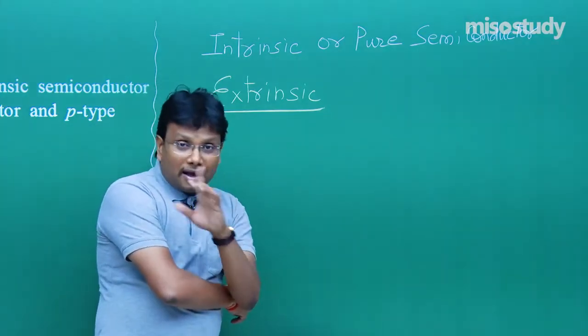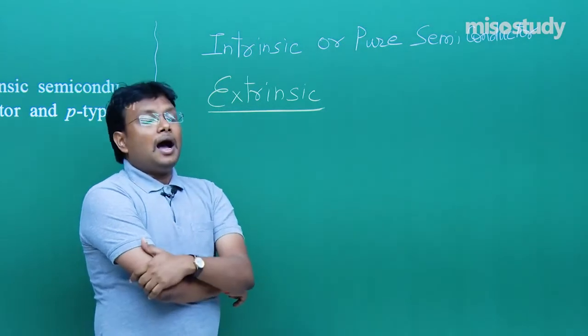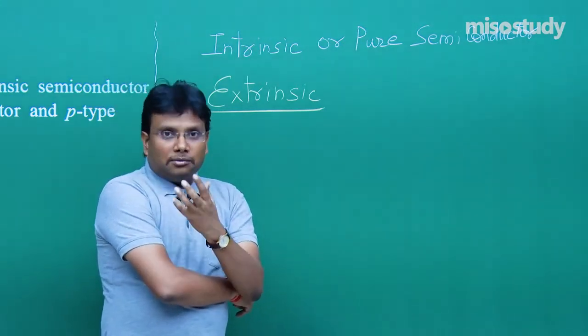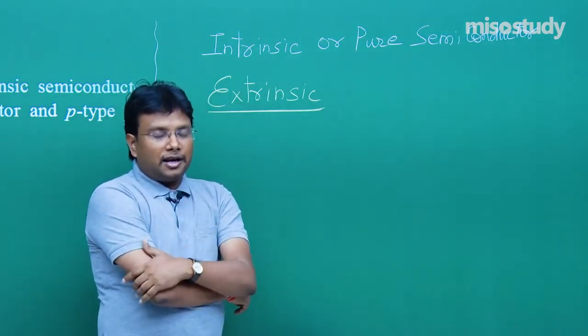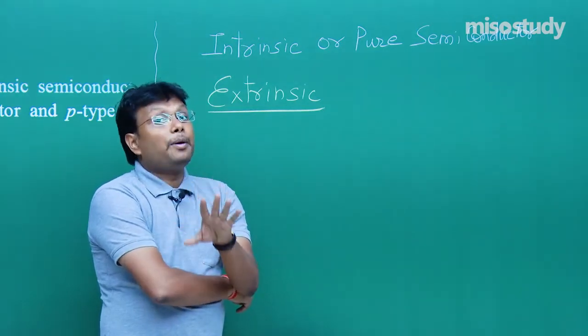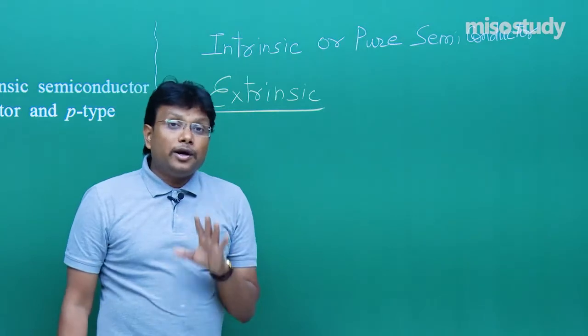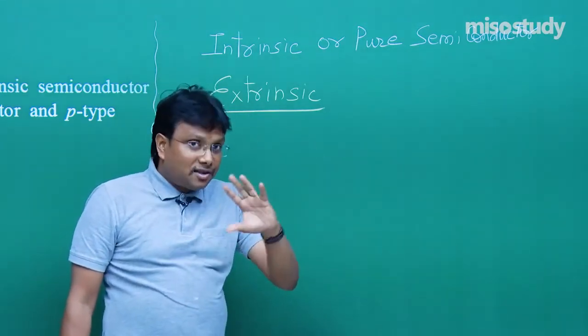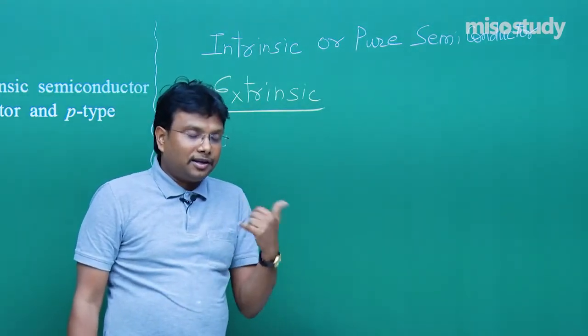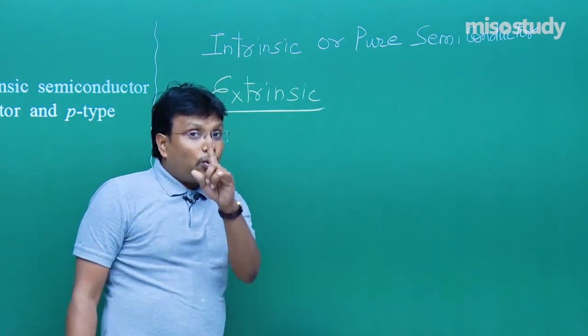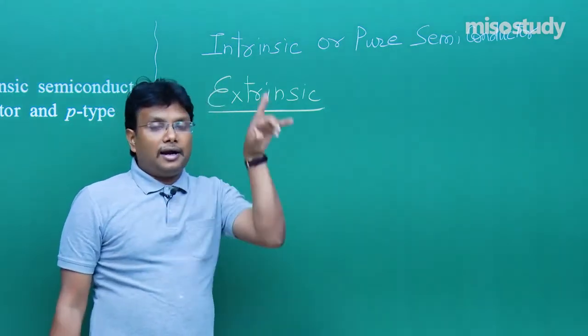So, one hole is available, so it is p type. And if I am adding electrons larger in number, so what will happen? It should be pentavalent. Pentavalent means 5 electrons. So, 4 are going to be associated with the 4 valencies of the atom, whether silicon or germanium, but one remaining electron will be in random motion.